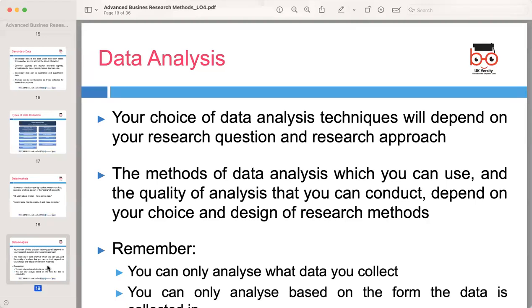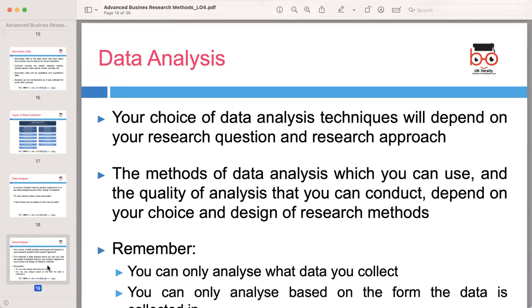Finally, it is essential to emphasize that you can only analyze the data you have collected. This means that data collection should be conducted very carefully.